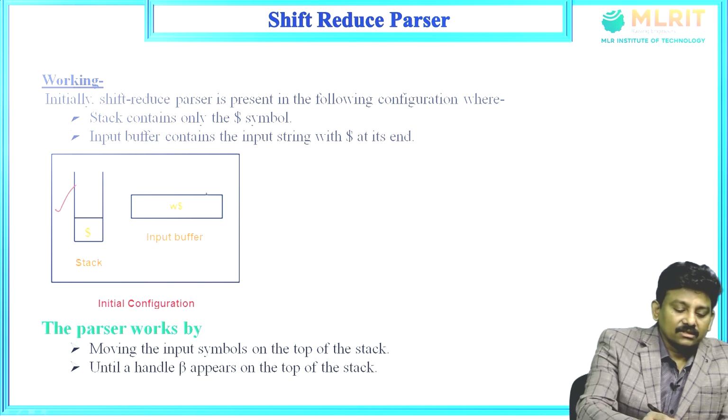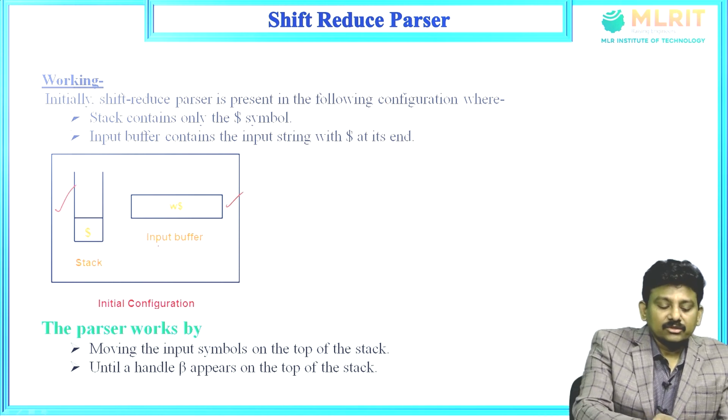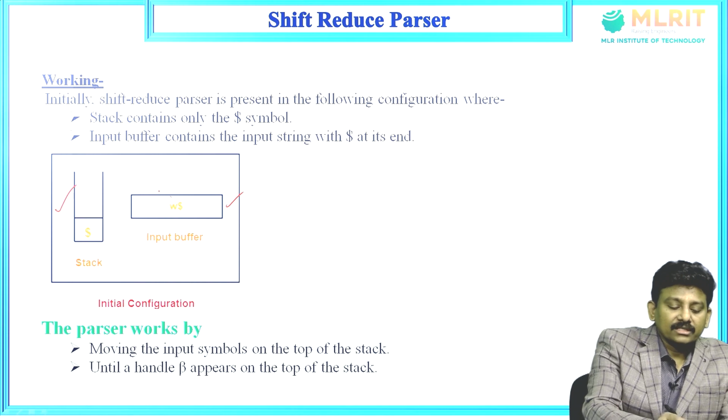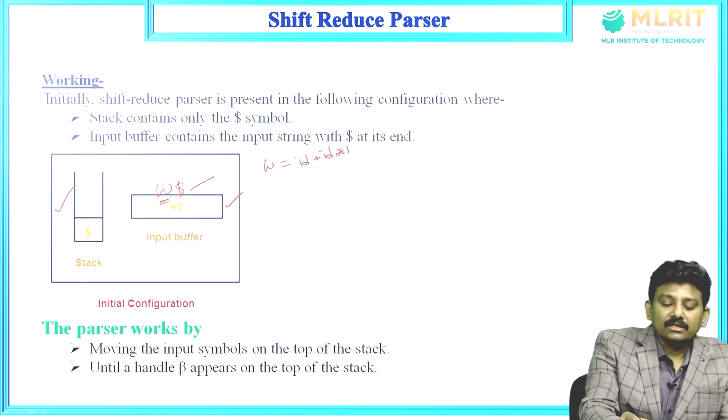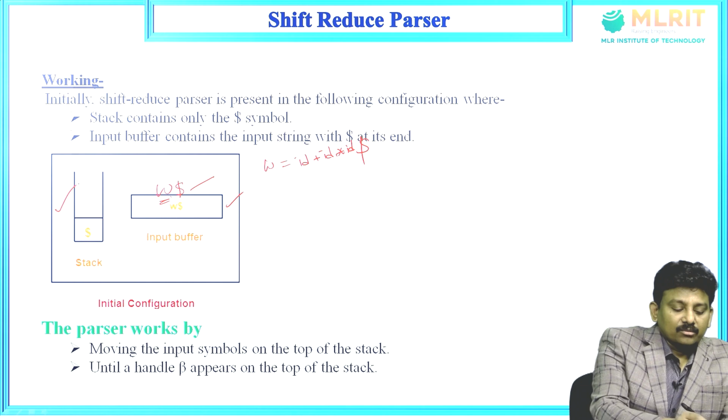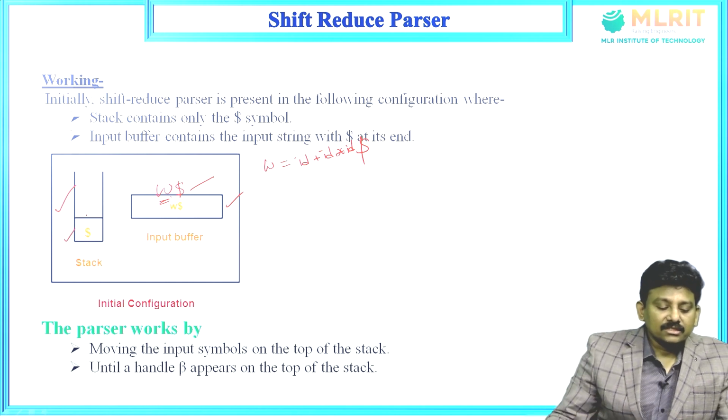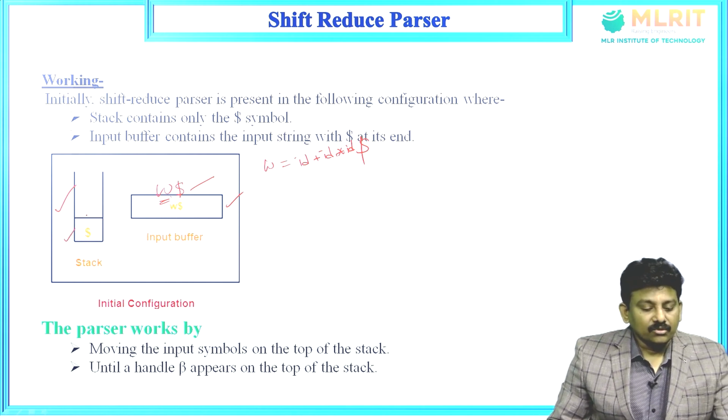The stack is given and the tape is given, that is the input buffer. The input buffer will contain string W followed by dollar. Dollar indicates the end of the string. W is a string like ID plus ID star ID followed by dollar. The bottom of the stack is dollar, that is the empty string. Initially we can keep the start symbol onto the stack.